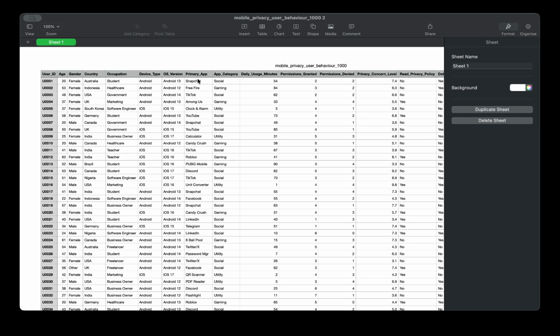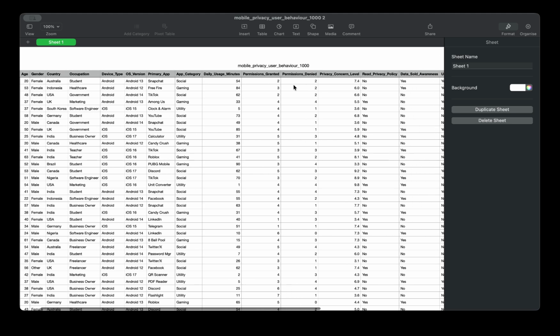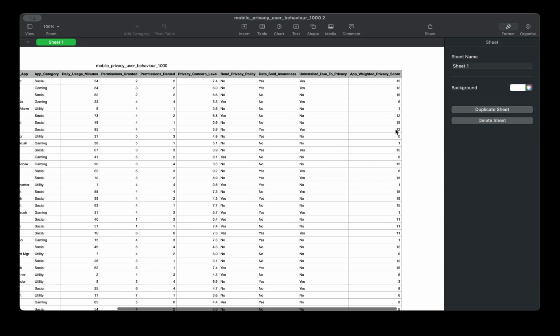And the primary app used, its category like social, gaming, utility, daily usage in minutes, and how many permissions they granted or denied, the privacy consent level from 1 to 10, whether they read privacy policies, whether they knew their data was being sold, and finally whether they actually uninstalled an app because of privacy concerns.